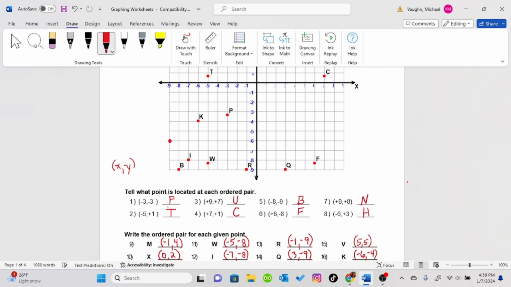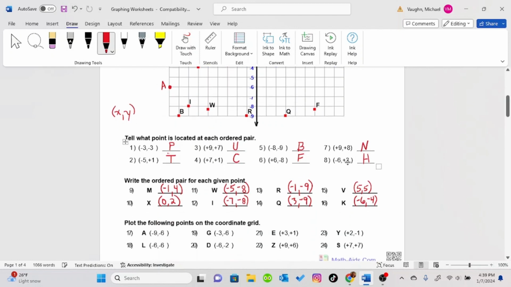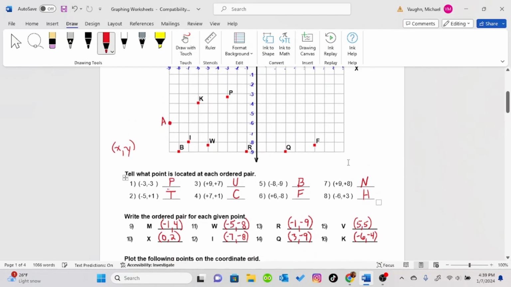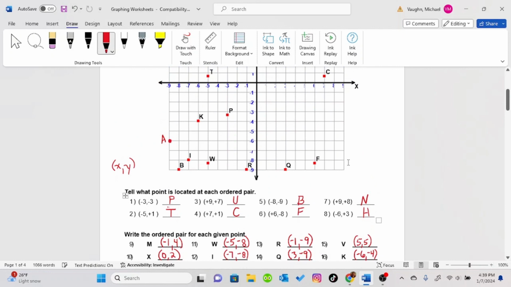And we put a point right here and label that as A. Number 18 wants us to put L at negative 6, negative 6. So we go over to x equals negative 6, down to y equals negative 6, and we put a point right here, and we label that as point L.